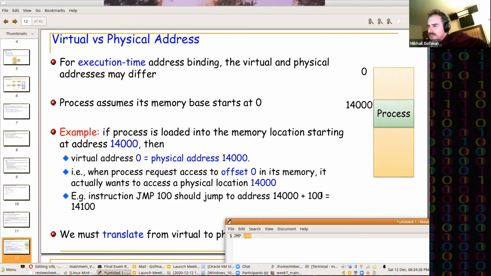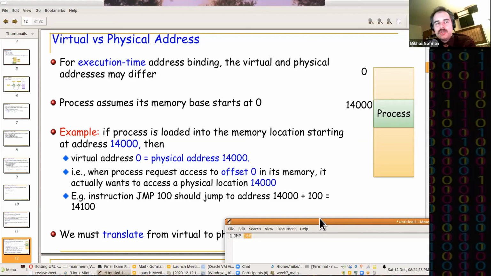Yep. So that's basically the idea. So I said it was going to be moved down to the location of 15,000. So 15,000 plus 100 is going to be 15,100, right? Yeah. There we go. All right. So that's basically the idea.